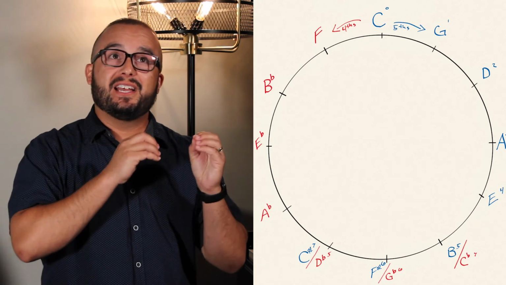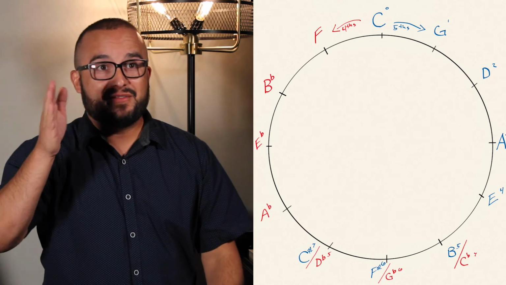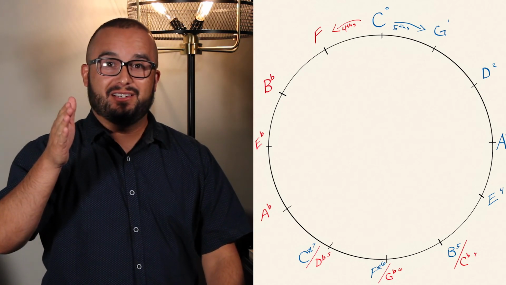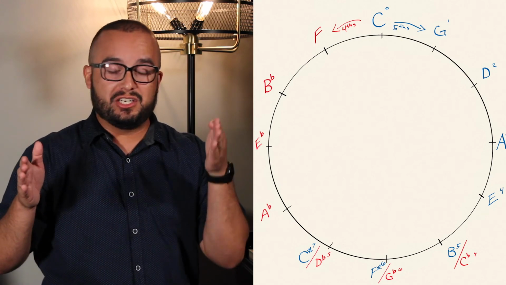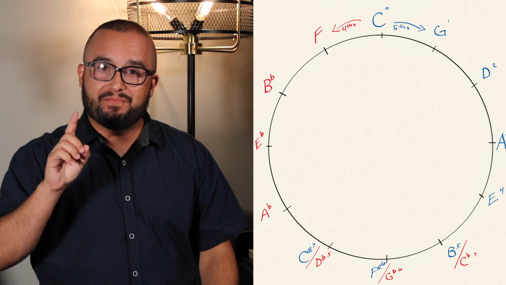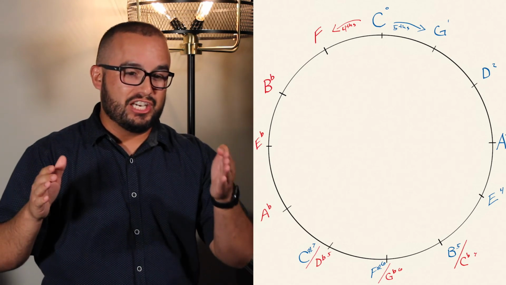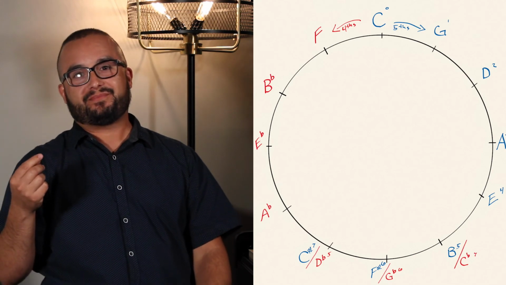So when I'm building a G major scale, I just need to make sure that I add that sharp to F. If I know my musical alphabet, I can say the scale from G to G, G, A, B, C, D, E, F, G, and make sure I apply that sharp to F. G, A, B, C, D, E, F sharp, G.